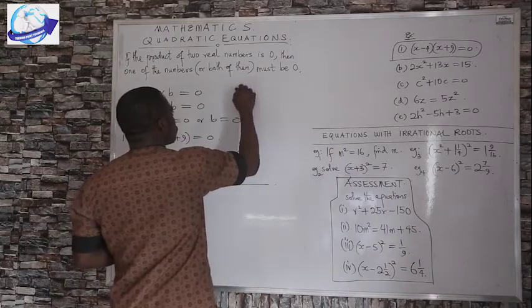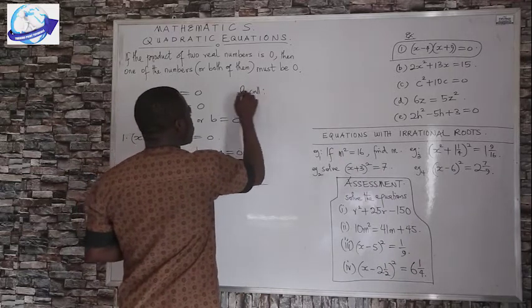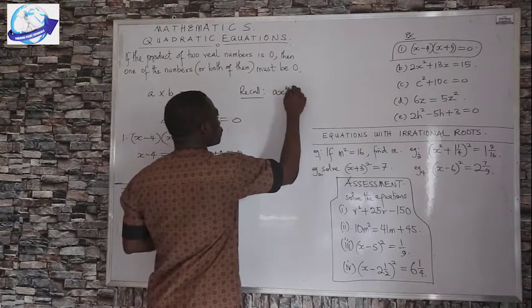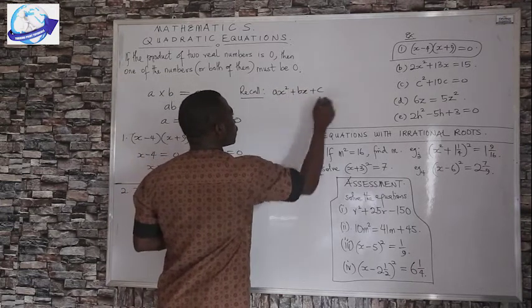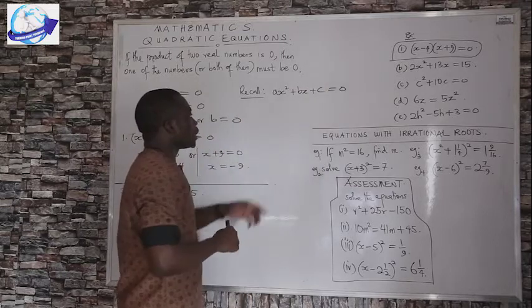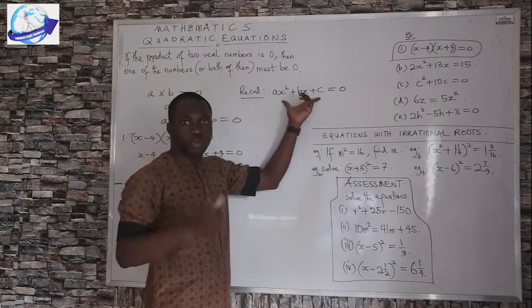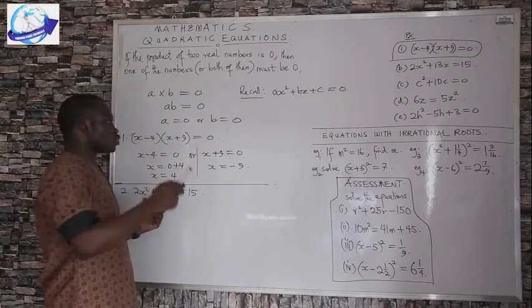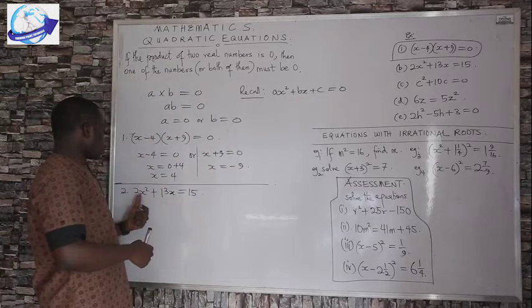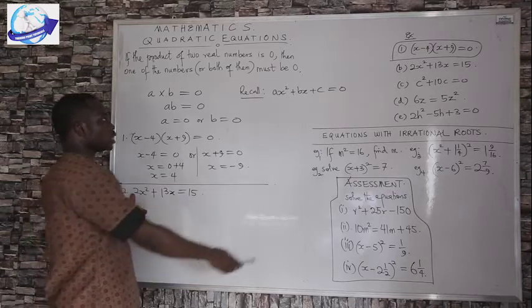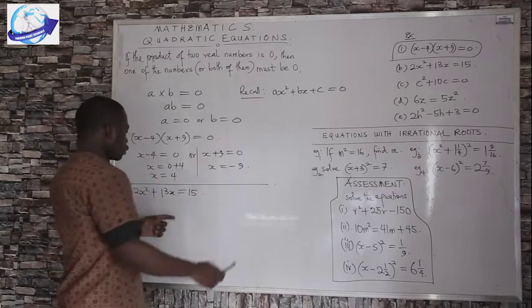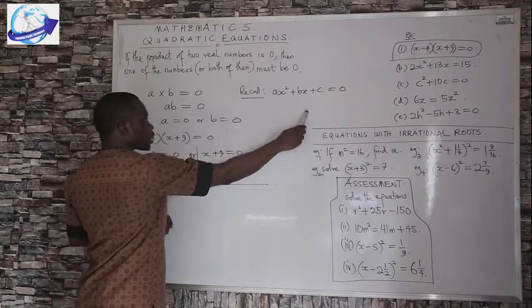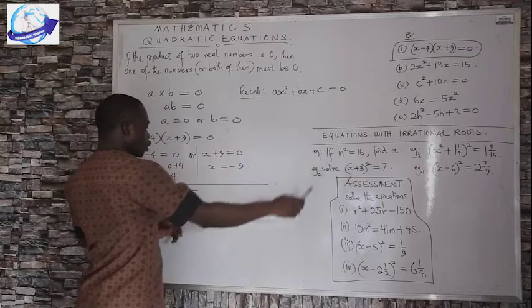Now recall the general form of every quadratic equation is ax squared plus bx plus c equals 0. So by the time you compare this equation and this equation, you will discover that your coefficient of x squared is 2, and that here is a. Coefficient of x is 13, and coefficient of x here is b. Your constant c becomes your 15.